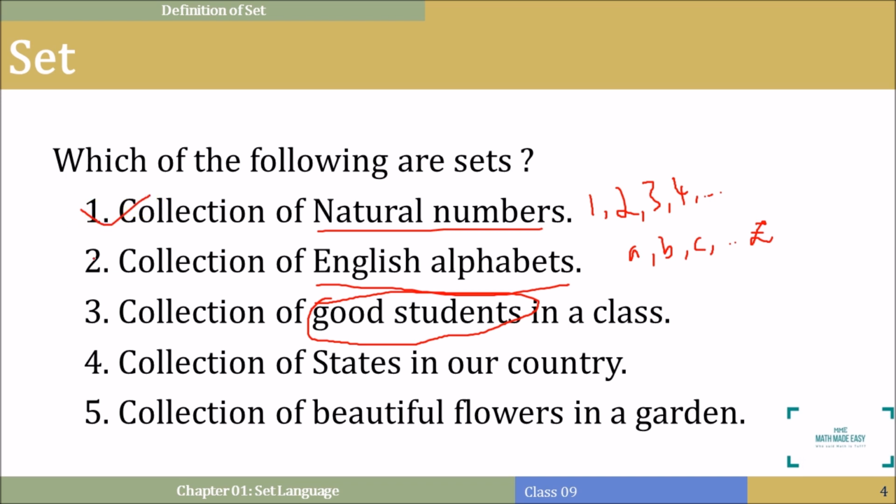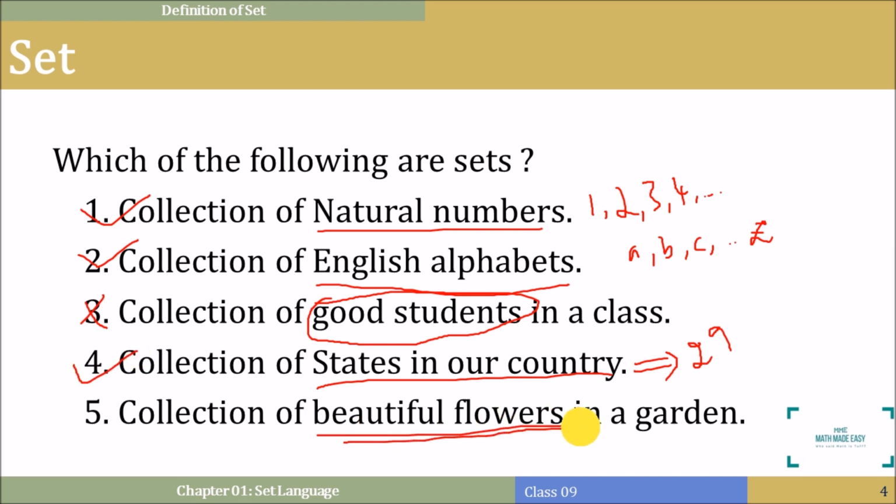Coming to the fourth one, the collection of states in a country. Obviously India has 29 states, and anywhere in the world you have those same 29 states. So that can be put as a set, whereas the collection of beautiful flowers in the garden lacks definition.